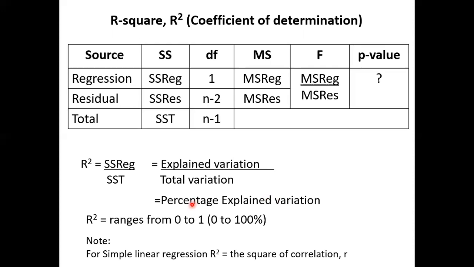But understanding this in terms of percentage explained variation is better. This value ranges from 0 to 1 or 0 to 100%. The higher the value, the better the model fit. The lower the value, the lesser the model fit. So you want to know whether the model is good or not.